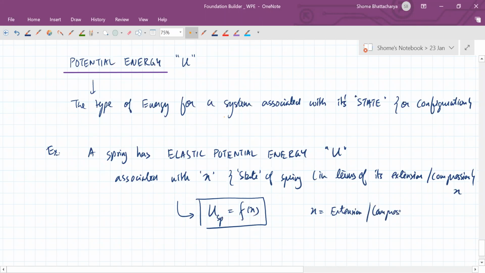Now, what that function exactly is, we'll discuss. Okay, we'll come to that, but this is just the definition of potential energy. So if any system has a type of energy associated with its state or configuration, then that energy is called the potential energy of the system.